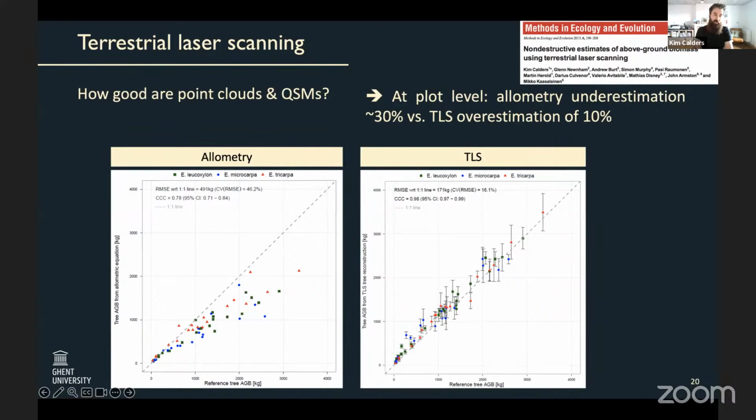So it makes sense that if you plug in large trees, they will perform less well than smaller trees, which are quite well represented in the calibration data. Whereas with TLS, you don't have that. You are assessing the tree as it is. You're collecting the data from the specific tree and modeling it individually. So that's clearly explaining some of the difference that you're seeing here.